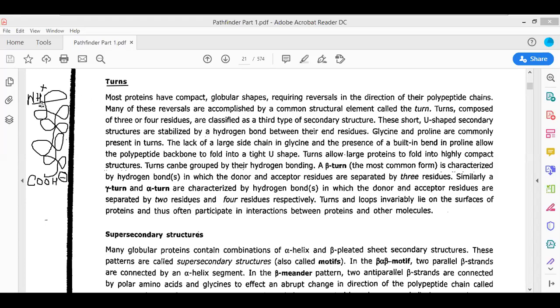Now this folding, which is referred to as turn, and sometimes also referred to as loop, is essentially required to get the three-dimensional structure or the functional structure of a protein. To make the functional structure of any protein, this turn or loop is essentially required. Without this turn or loop, you cannot form the functional structure of a protein.